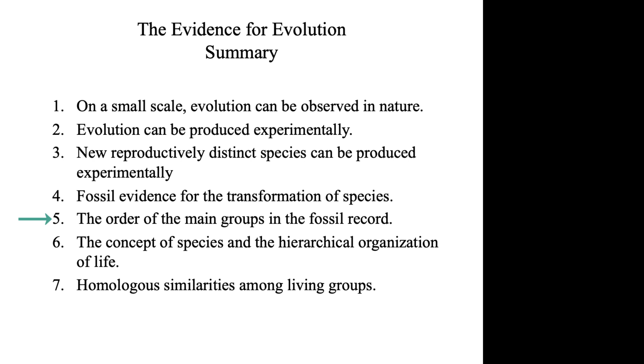The order of the main groups can be determined from the fossil record. And you can see a hierarchical organization of life and what we now call species. And finally, homologous similarities can be found among groups of living organisms as well as those from extinct organisms.